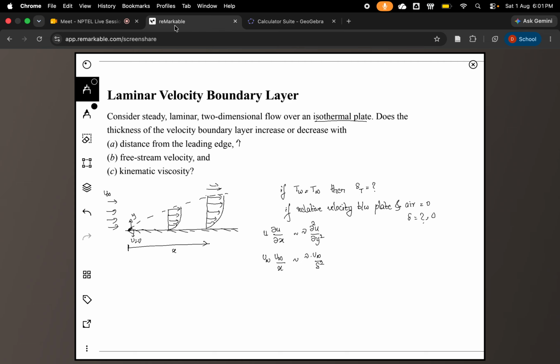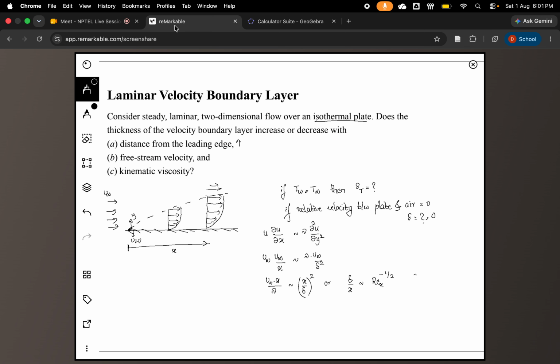If I rearrange this a little bit, I get u infinity times x by nu scaling as x by delta square, or I can write delta by x would scale as Reynolds number, u infinity x by nu, to the power minus half.